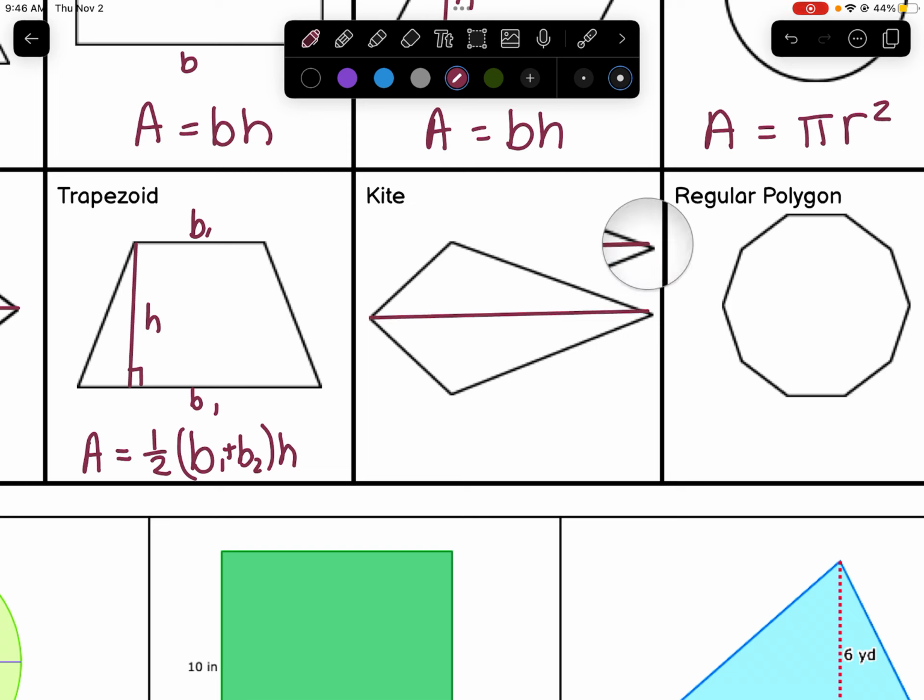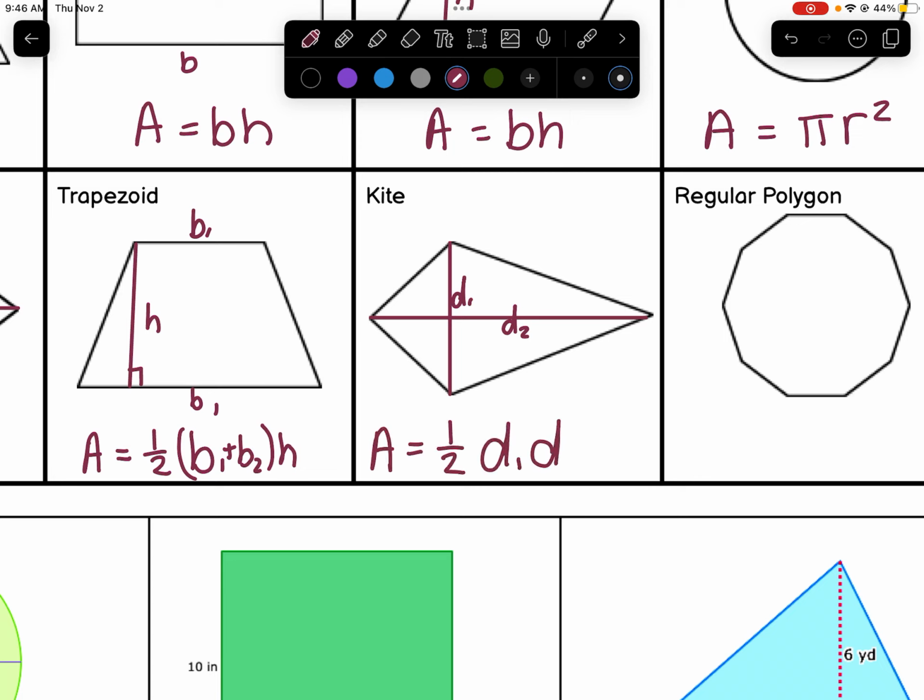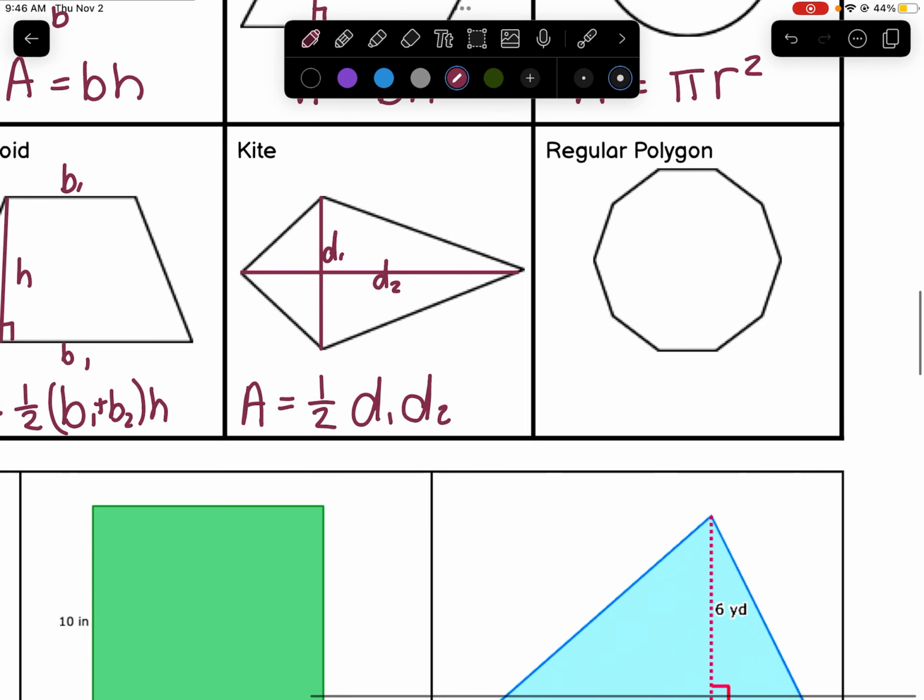Kites and rhombuses have the same exact formula for their area, so it's 1/2 diagonal 1 times diagonal 2. And last but not least, our area of a regular polygon is going to be 1/2 apothem times perimeter.